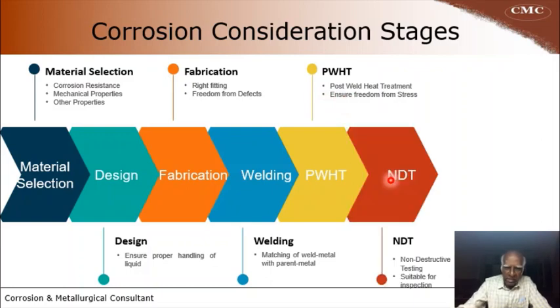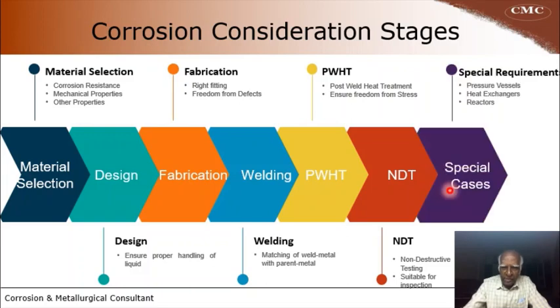The next stage is NDT, non-destructive testing. The purpose of non-destructive testing is to ensure suitability for inspection. Inspection must be periodically carried out to assure corrosion extent. The next stage is special cases.